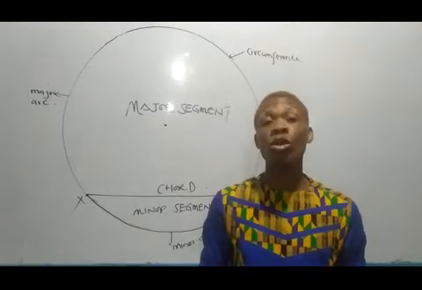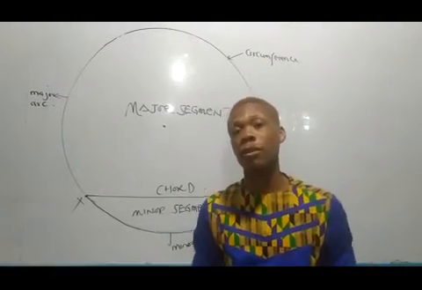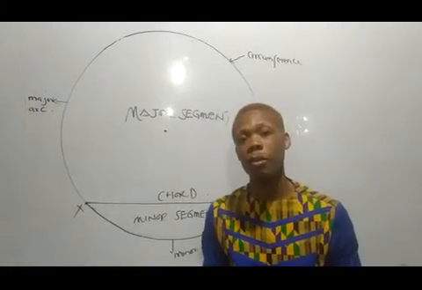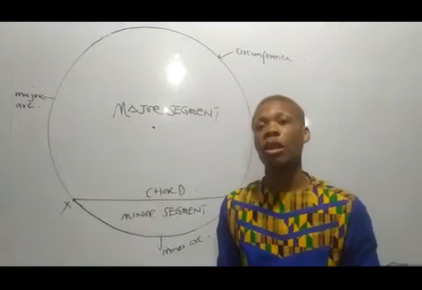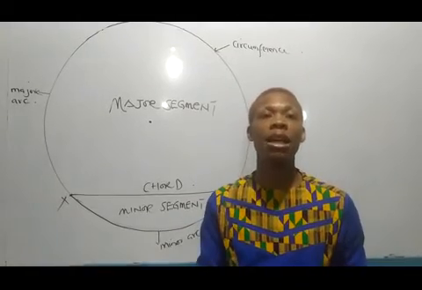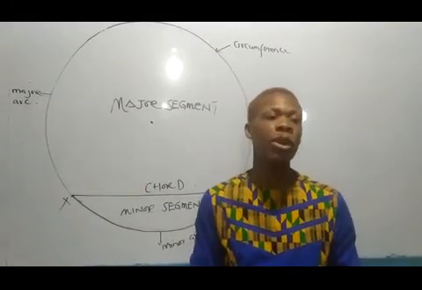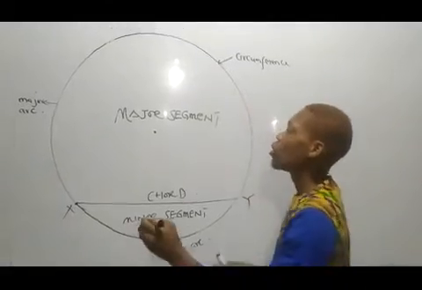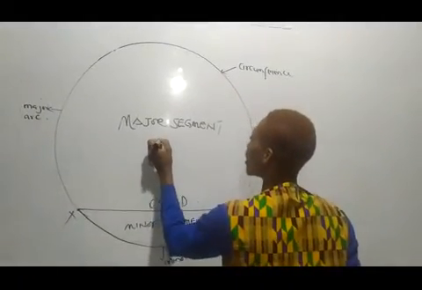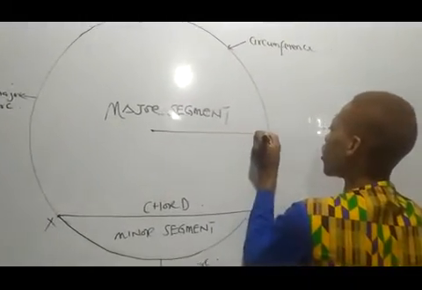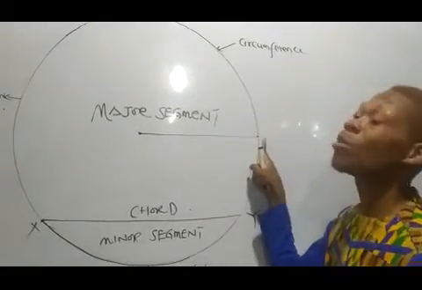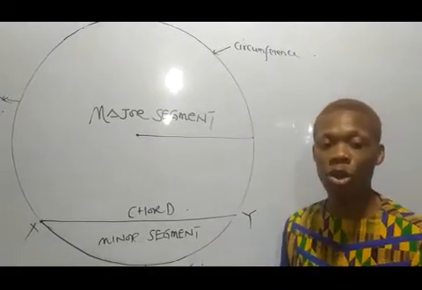Then we also went ahead to look at what we call the radius of a circle. And we said the radius is the common distance from the center to any point on the circumference of the circle. So if I draw a straight line from the center here to this point, then this line from the center to the circumference is what we term as radius.